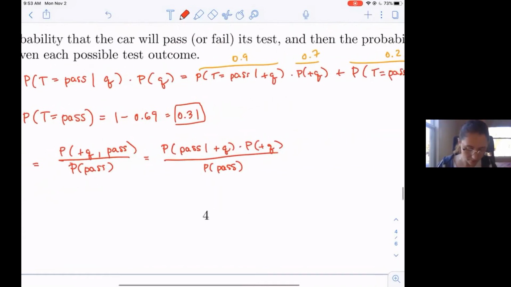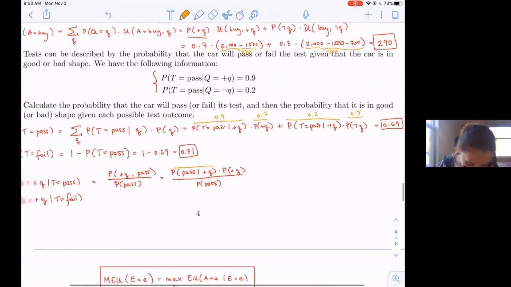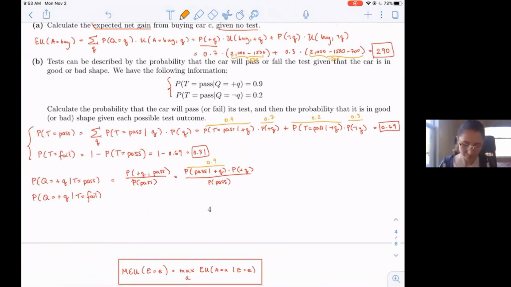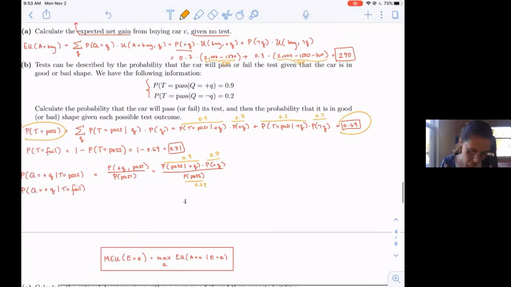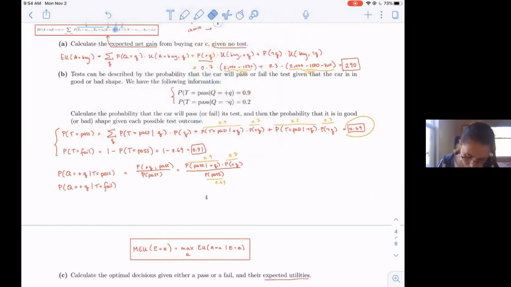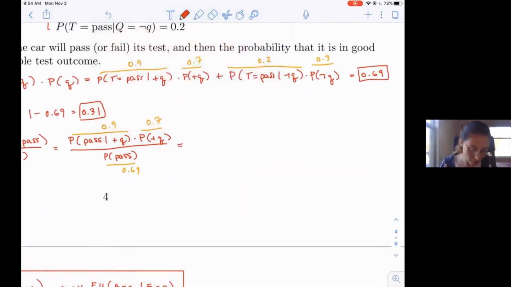And lucky for us, once again, we have access to all of these quantities. So P of pass given plus Q has been given to us here. It's 0.9. P of plus Q is 0.7. And P of pass, well, we already computed that. We just computed that right here. It's equal to 0.69. And so finally, this total probability here equals 21 over 23.